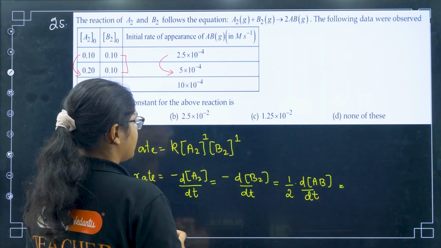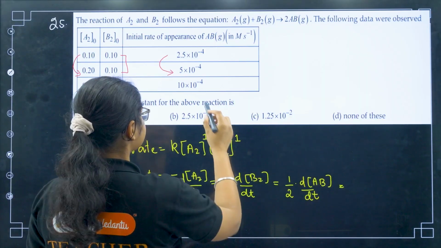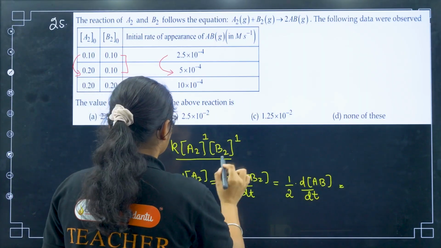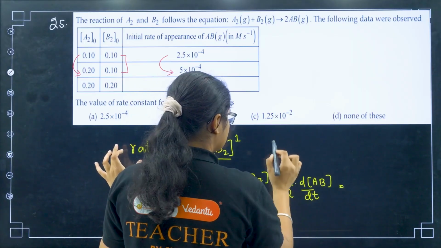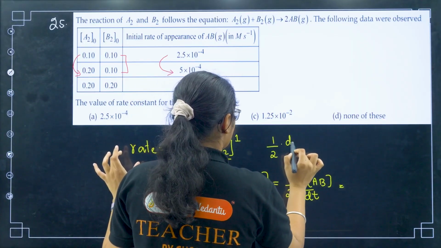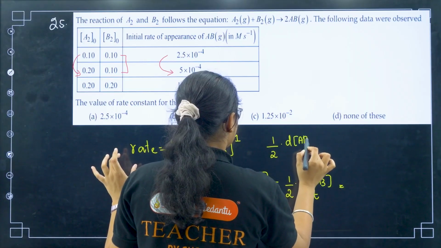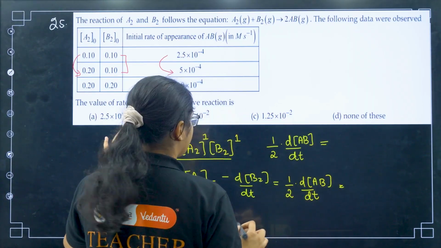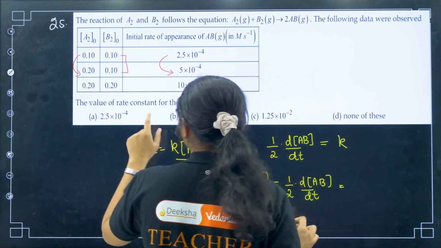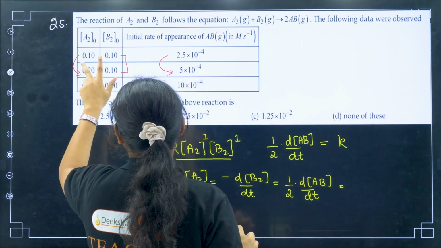So first of all, what I can calculate here is, I will put the values. Rate, the formation of this one, rate is equal to 1 by 2 of dAB by dt, is equal to K, that I have to find out, and then I have A2 value and B2 value.